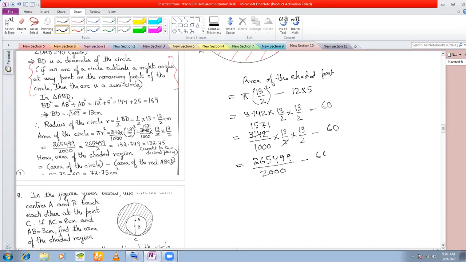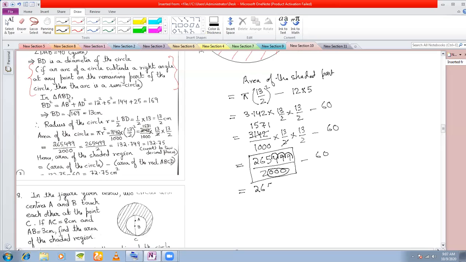Minus 60. You can take the LCM here. Or what you can do is find out the value of this fraction in terms of decimal, and then proceed. There are three zeros here, so you shift three places: 1, 2, 3.